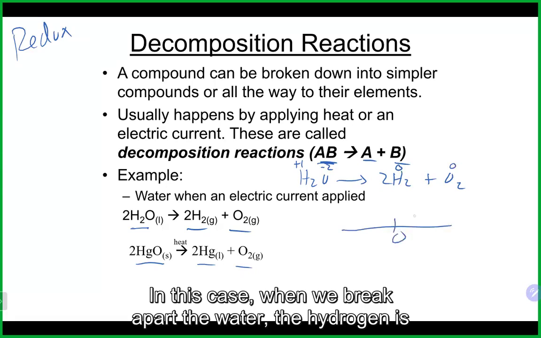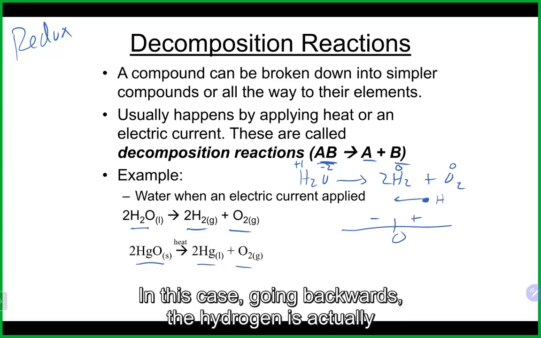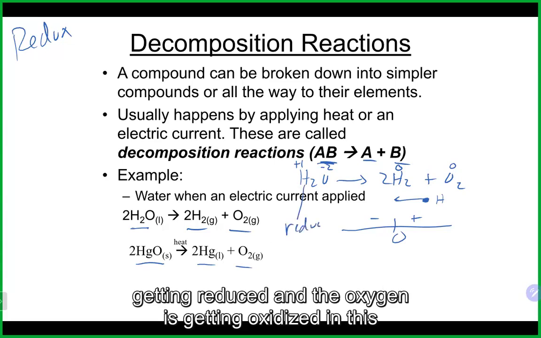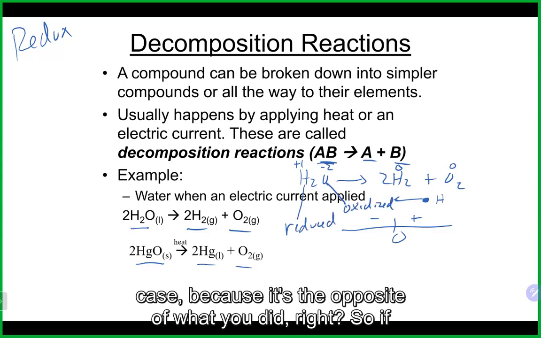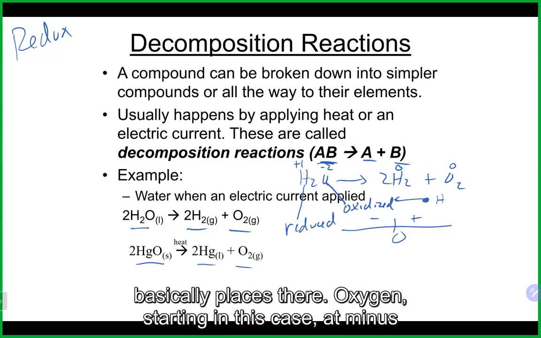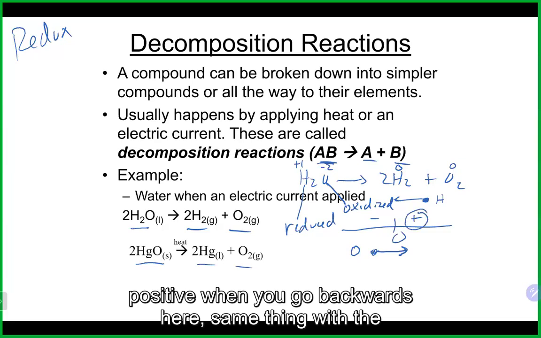When we break apart the water, the hydrogen starts at +1 and ends at 0, becoming more negative, so the hydrogen is getting reduced and the oxygen is getting oxidized, because it's the opposite of what we did before. If you flip the reaction around, everybody switches places. Oxygen starts at -2 and ends at 0, becoming more positive when you go backwards.